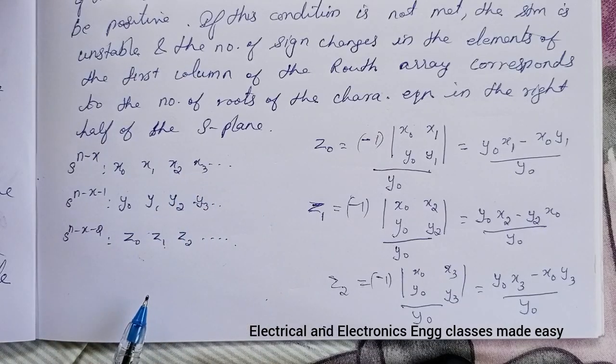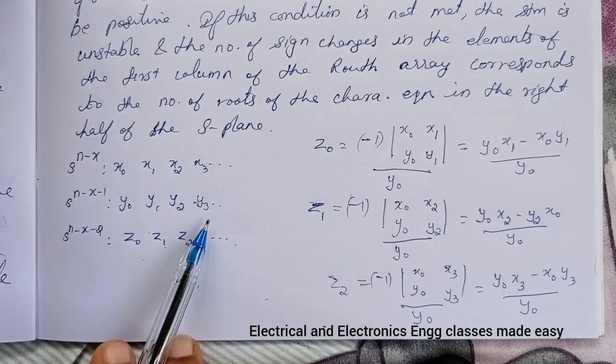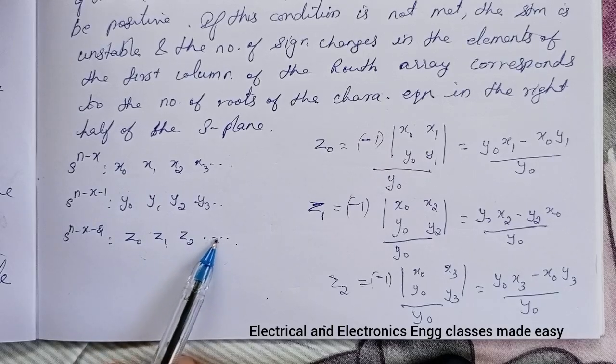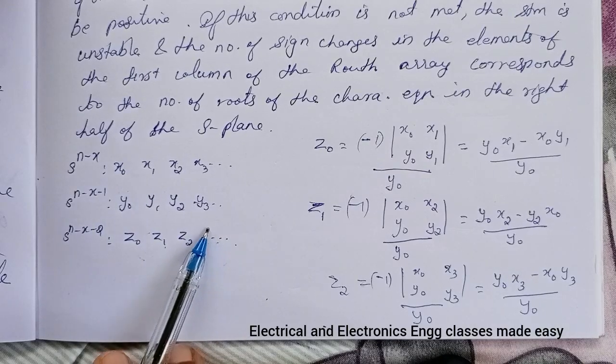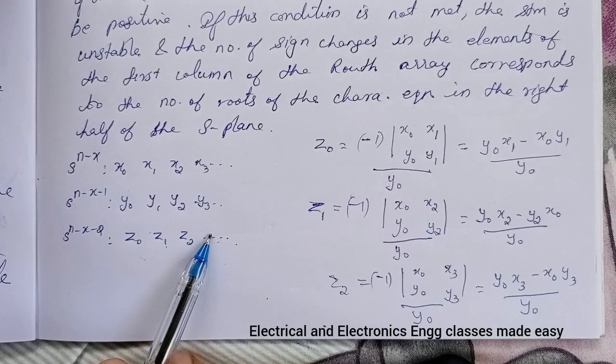And in the process of constructing the Routh array, the missing terms are considered as zeros. If there is a missing term, then it is considered as 0.